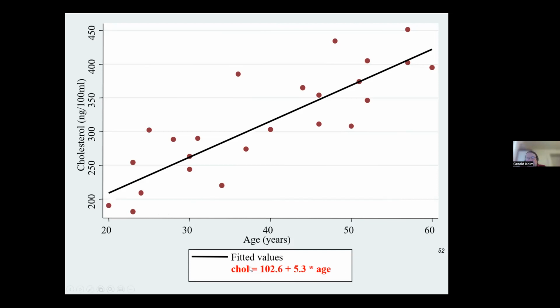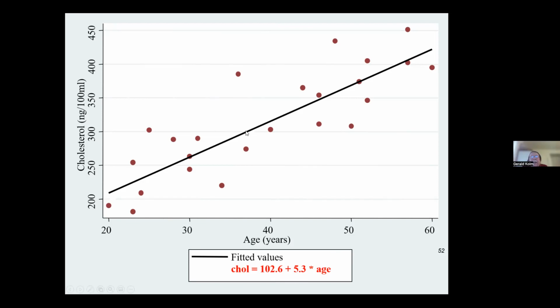In this case, it's not so important, but it gives us the slope. In other words, the change in your dependent variable, in this case, cholesterol, with every unit increase in age. So what that means is that you can multiply any age along here by 5.3 and you would get the predicted value that would fall along this line.